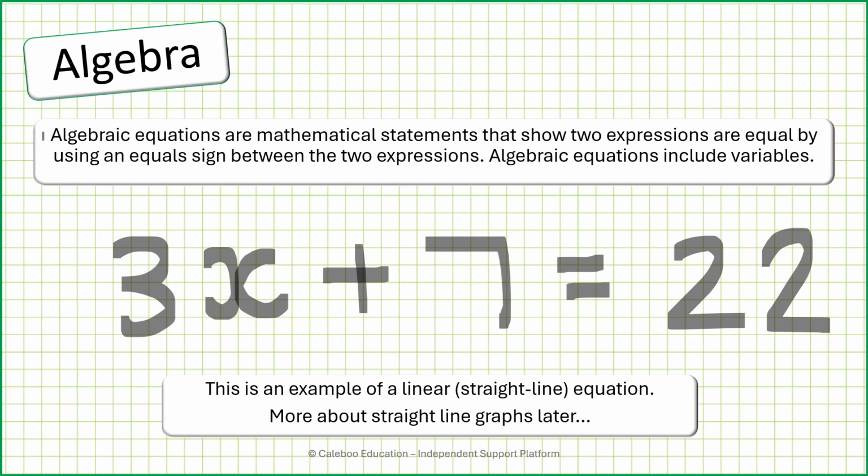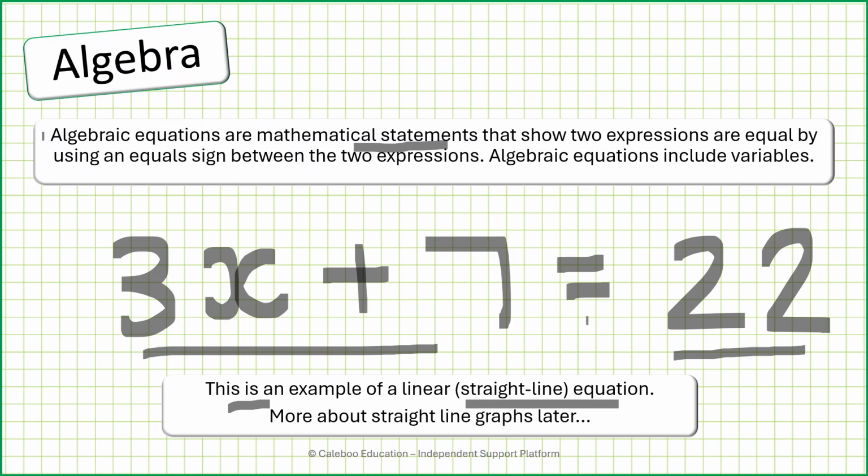Now most of this unit is about algebraic equations. So algebraic equations are mathematical statements that show two expressions are equal. And this here is an example of a linear or a straight line equation. We will do straight line graphs later in the course.